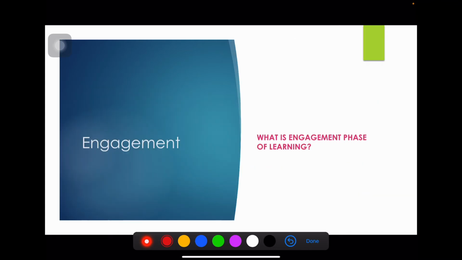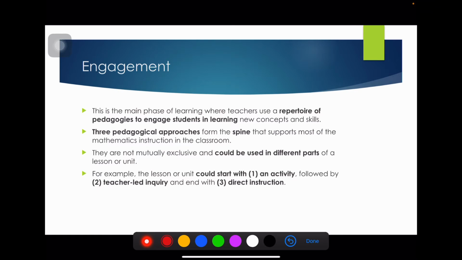Okay, that is for readiness. Now we are into engagement. So what is the engagement phase of learning? Now, this is the main phase of learning. I stress again, it is the main phase of learning because this is where the main learning activities will take place.